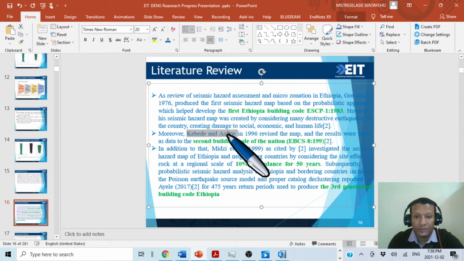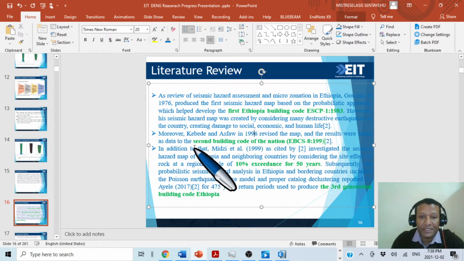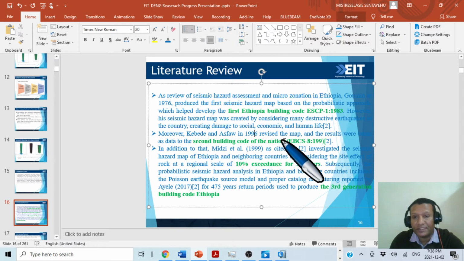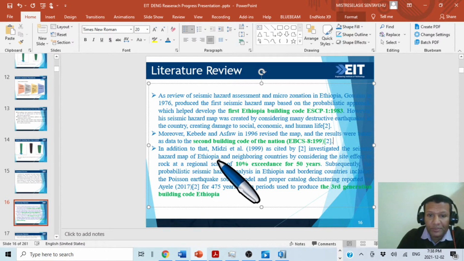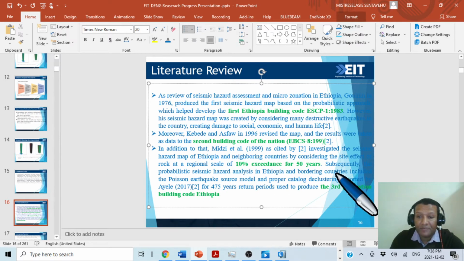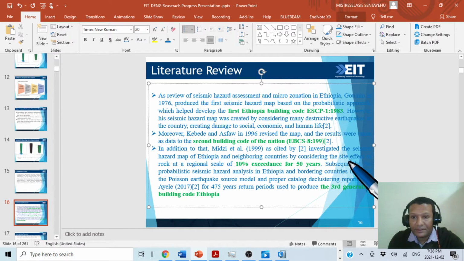Moreover, these two researchers in 1996 revised the map, and the results were updated for the second building code of the nation. This is also EBCS Ethiopian Building Code Standard 8. This was the second. Again, in addition to that, Modal et al. 1999, as cited by two, investigated the seismic hazard map of Ethiopia and neighboring countries by considering the site effects of rock at a regional scale of 10% probability of exceedance in 50 years.